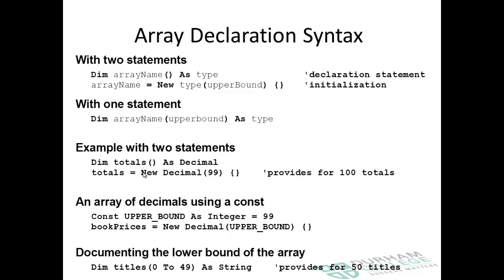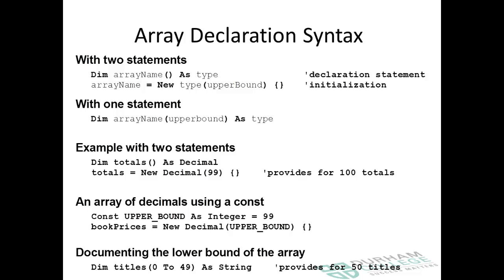So when you declare and initialize using two statements, we've got the declaration here, and then the initialization here using the new keyword. Like C#, where we might have declared a length for size, for dimensioning of an array, we of course want to declare a constant, in this case, where applicable, to indicate the upper bound.